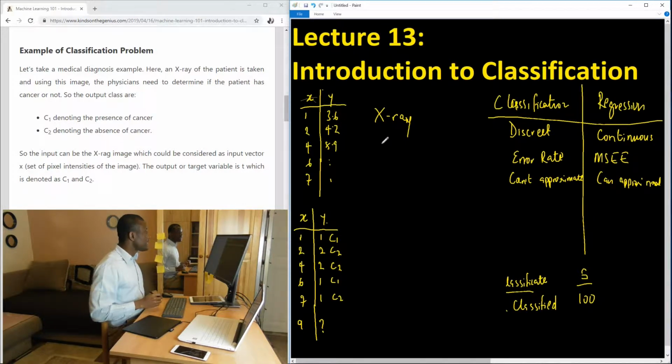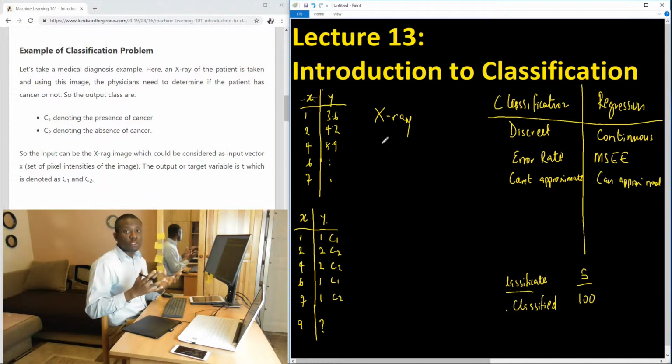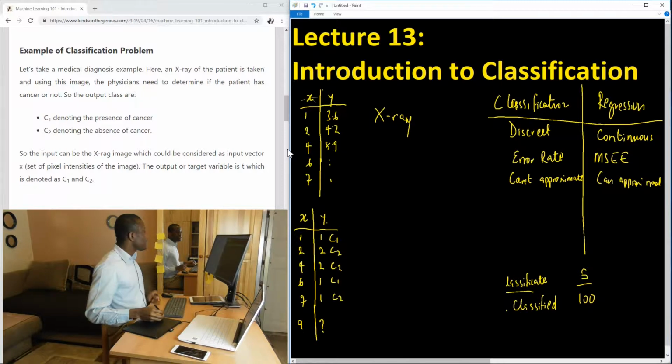Now in this class, we can say this X-ray image is a collection of pixels, right? So let's say it is a vector of pixels, or a list of several pixels, because an image contains several pixels. Now if the patient has cancer, we'll have two output classes.